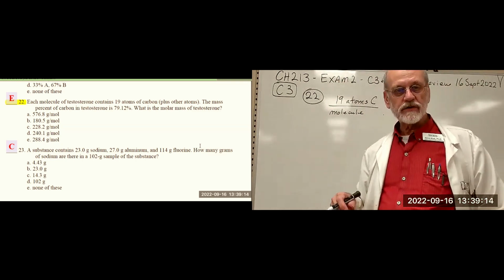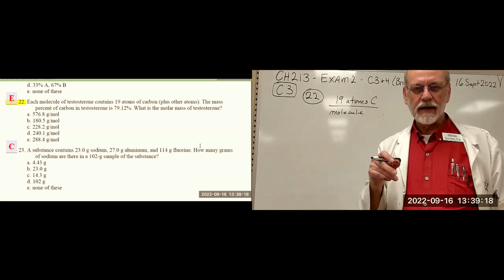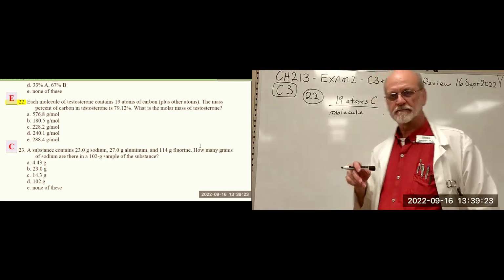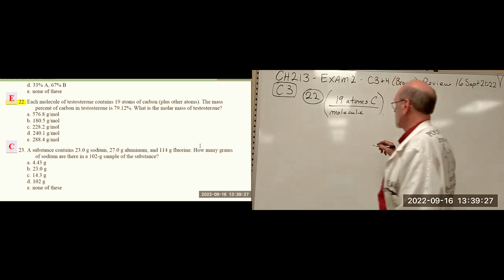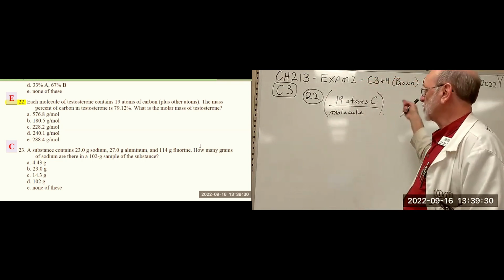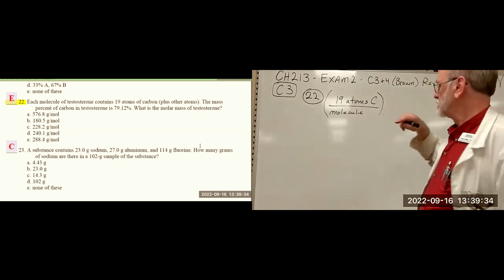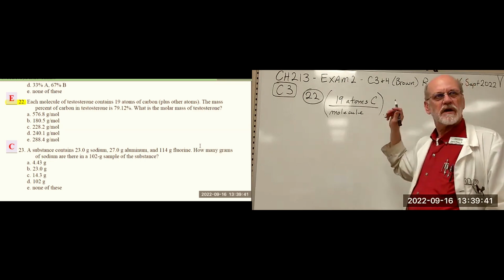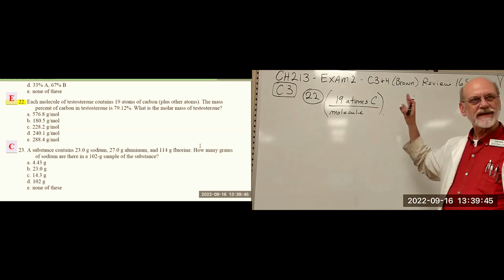What we need to do is use that to determine the molar mass of testosterone. So I would do it this way. You've got 19 atoms of carbon per molecule. So what's that in terms of mass units per molecule? Because we got to get the mass somehow.